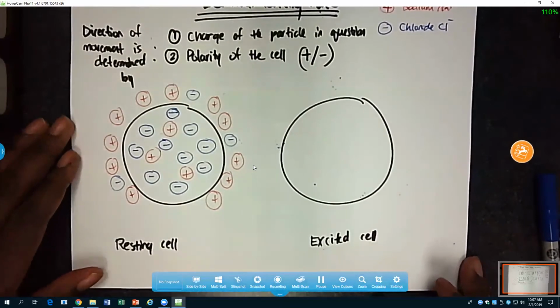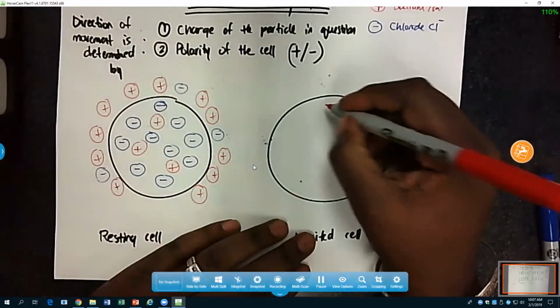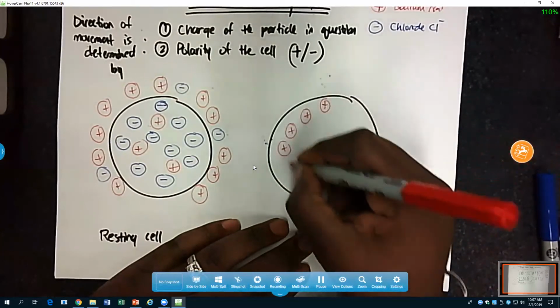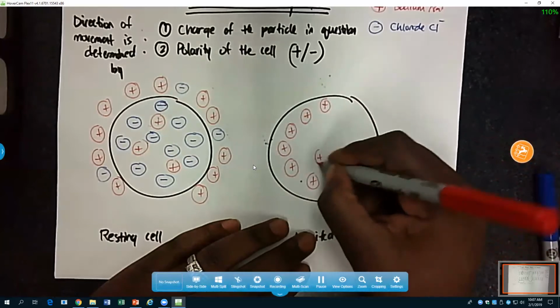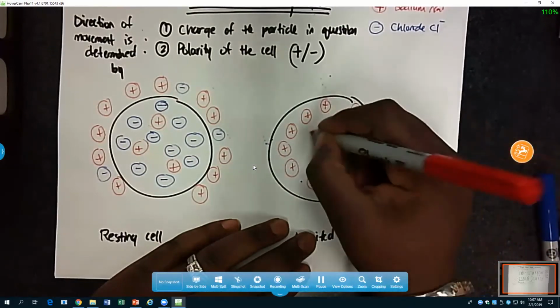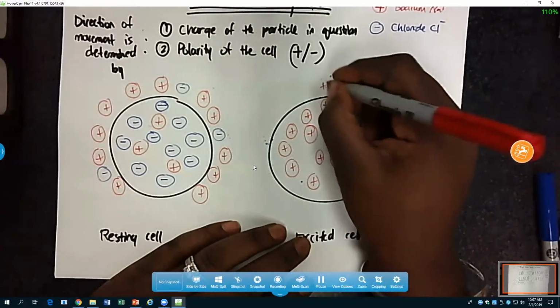Okay. Now the reverse is true, we said, for an excited cell. For an excited cell, the inside of the cell becomes much more positive. There's an excess of cations inside the cell and fewer cations outside the cell.